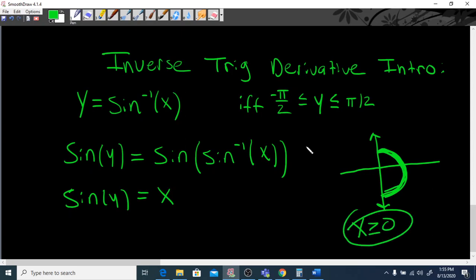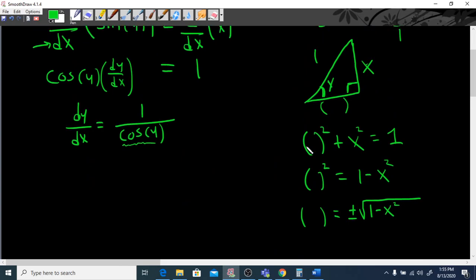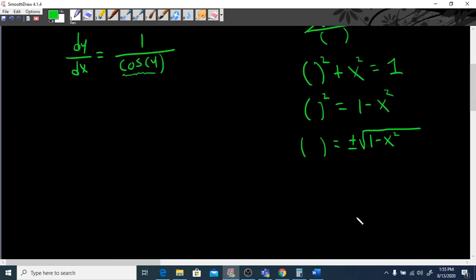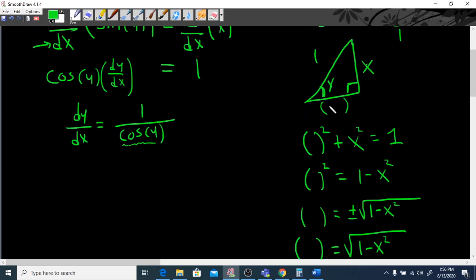That's important because it allows us to reject the negative here. So our blank is the positive square root of 1 minus x squared. That's the x component of the triangle.